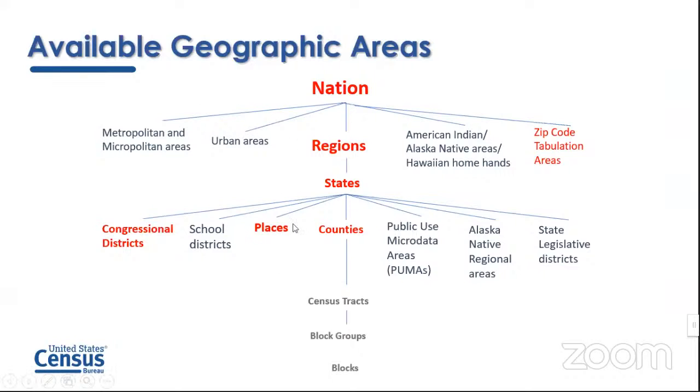But for instance, places, if you think of Aurora, Illinois, Aurora sits in 4 counties. So when you are doing data extracts or research for Aurora, you have to be cognizant of the fact that it's in 4 counties. Make sure that you have got all those counties included in your analysis. Or if you just want to research a certain part of Aurora in that other county, you can pull that out. And same thing with congressional districts and metro and micropolitan areas.